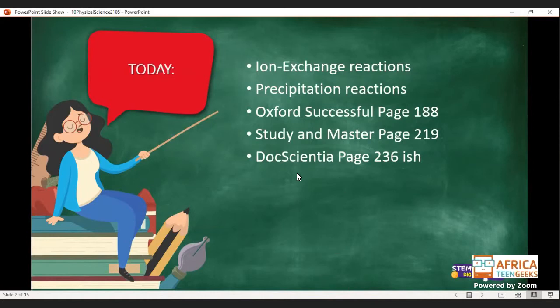Okay. Then, Doc Scienza. Again, there's like various books. I don't know if there's one set that's just one book or one set that's two books. I'm not quite sure why we end up getting different page numbers the whole time. Yesterday, I think it was Misty who said to me, ma'am, yesterday's work was around about 234, 235-ish.